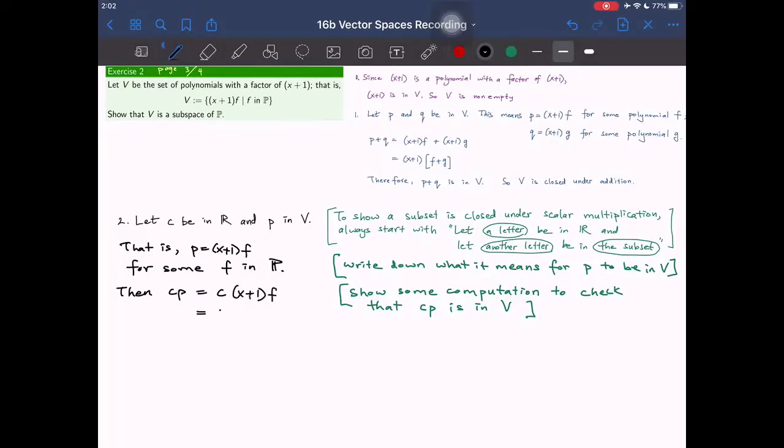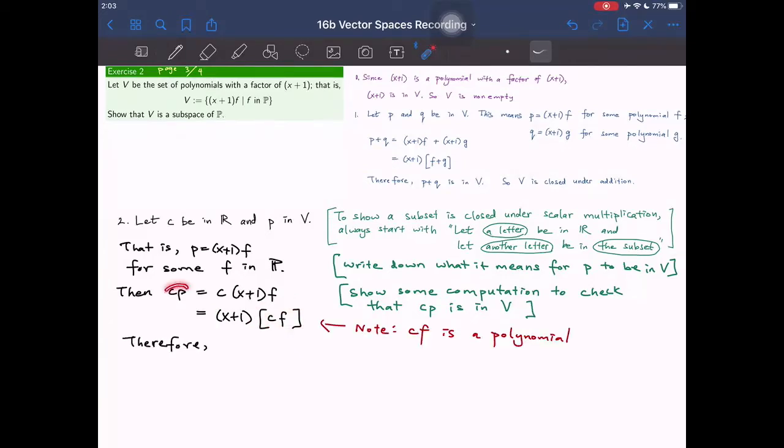I can move x plus 1 to the front, and I have that CP is equal to x plus 1 times Cf, but Cf is a number times a polynomial, and so Cf is still a polynomial. And so CP satisfies the rule of being in the subset V, so CP is in V. So our subset V is closed under scalar multiplication.